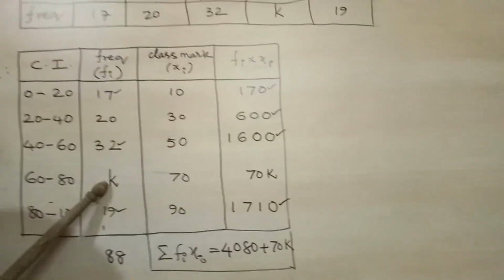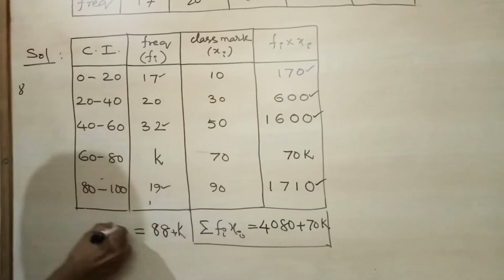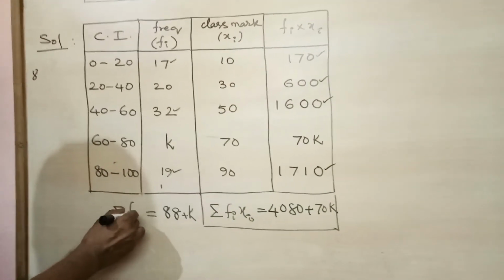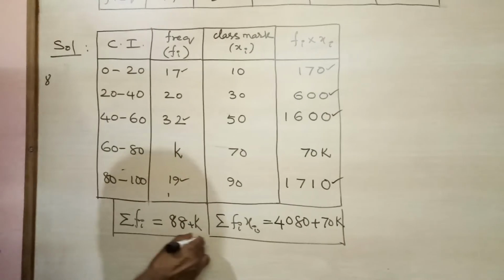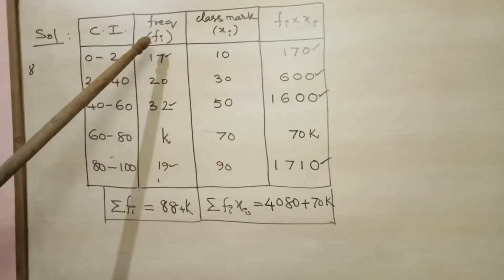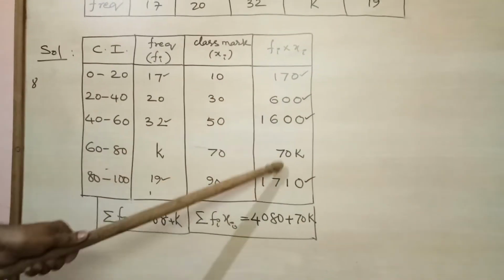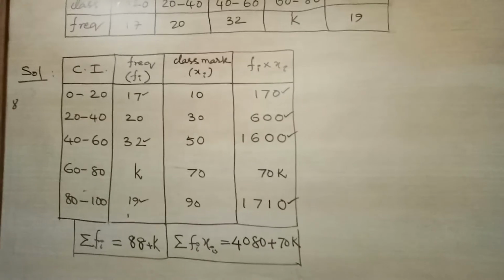Then k is there, add the k value. Therefore, this is the value of sigma fi. After adding these values, we got sigma fi, and sigma fi xi.